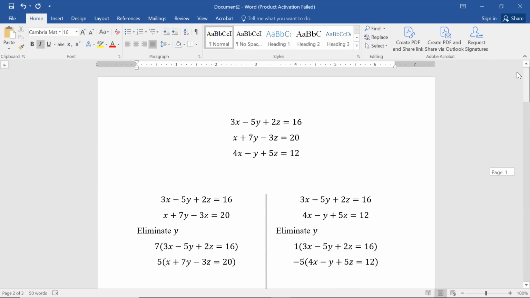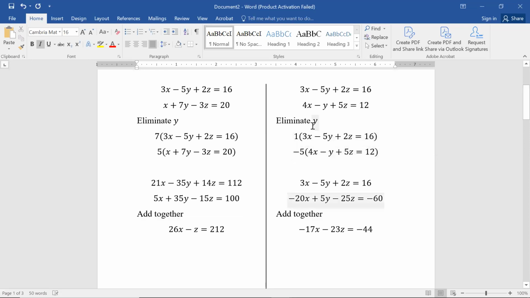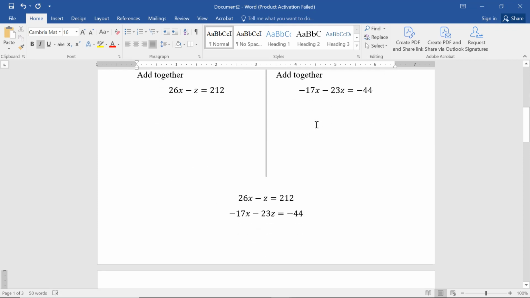Again, just as a refresher, you start with 3 equations, 3 variables. You pick 2 pairs, eliminate the same variable in each pair. In this case, I eliminated the y. If you do that, you'll end up with 2 equations and 2 variables.